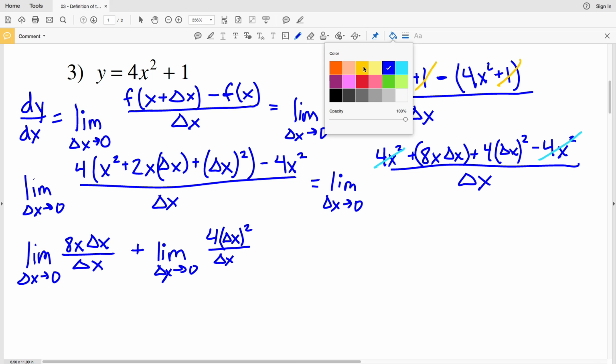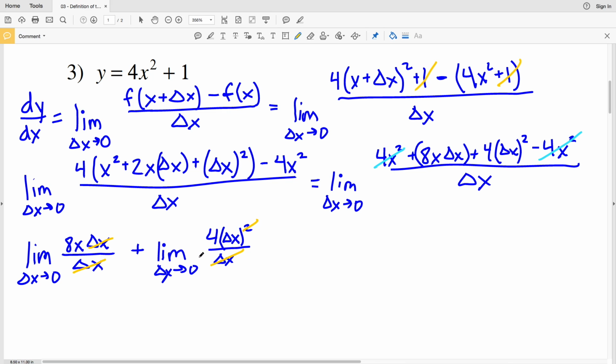Now you'll see that delta x cancels out with delta x, so I'll have the limit of 8x, and one of my delta x's will cancel out with the delta x in the denominator. So I'll have the limit of 4 times delta x as delta x goes to 0.